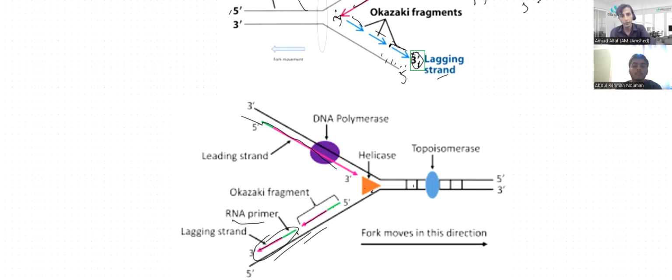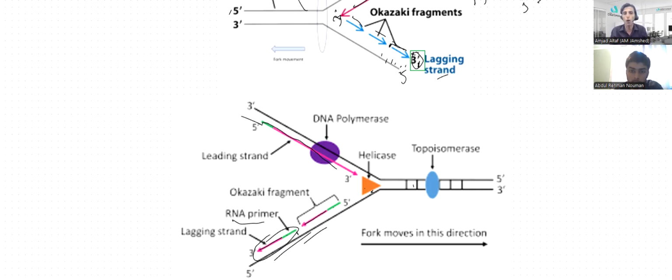In the case of the leading strand, there's only one primer, from 5 to 3, so first it has to be added. But in the case of Okazaki fragments on the lagging strand, at every new point from where you have to make a new fragment, there would be a new primer. First the primer will add, and then it will allow DNA polymerase to add the nucleotides there. Are you getting this point or not? So yes, that's a complete process, right?